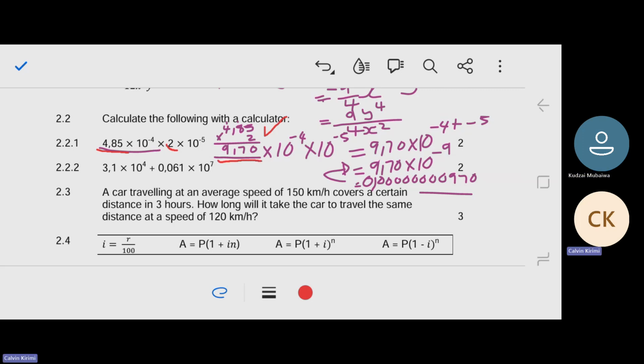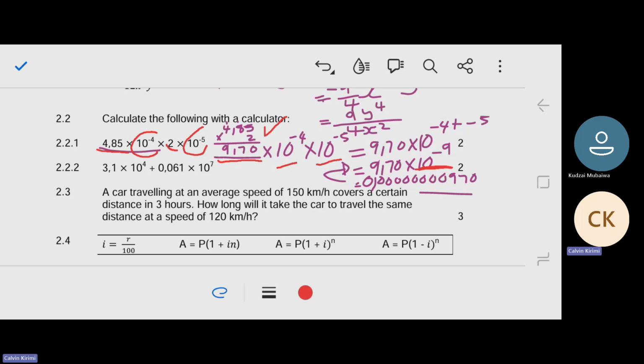From there, we took the other numbers, times 10 to the power negative 4, times 10 to the power negative 5. Because when we multiply 10 to the power negative 4 times 10 to the power negative 5, we get 10 to the power negative 9.